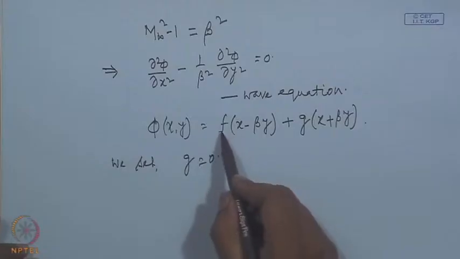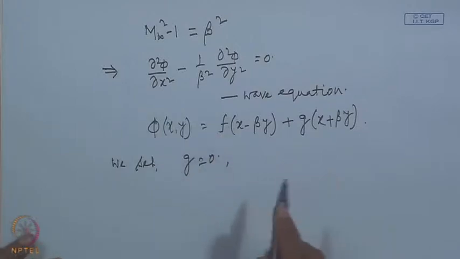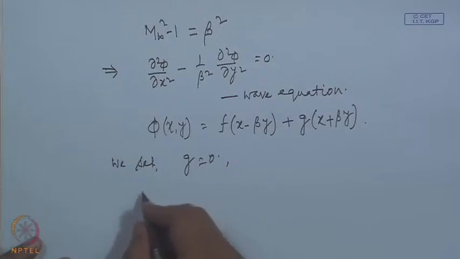Now, to find the explicit form of this function f, we consider the boundary condition. The boundary conditions are of course the same as in the case of subsonic flow, there is no change in boundary conditions.